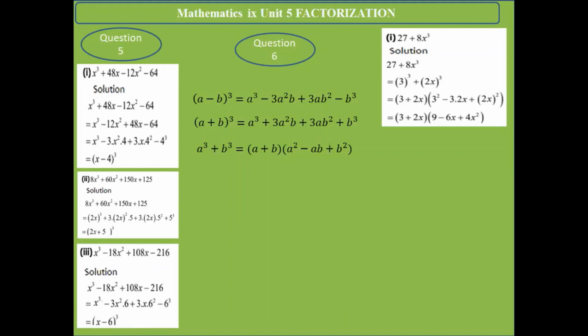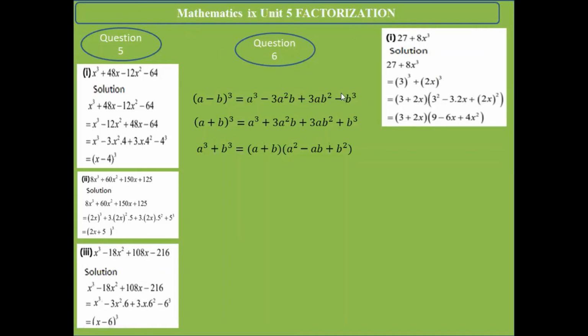So by using this formula, we can write this as (3 plus 2x) times (a square, meaning 3 square, minus ab, where a is 3 and b is 2x, plus b square, which is (2x) square).